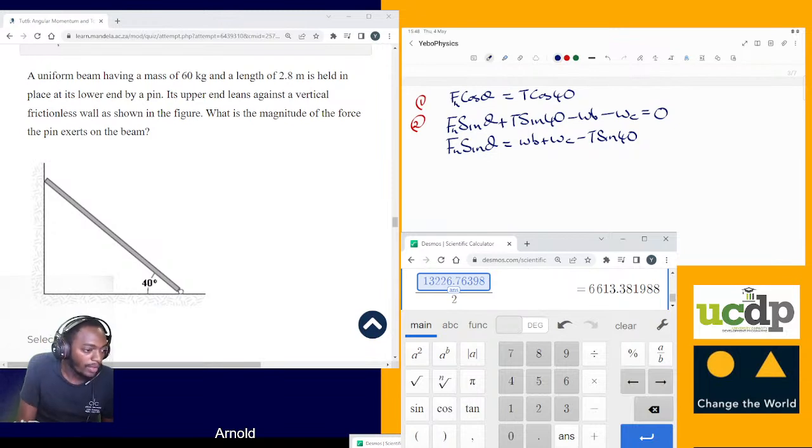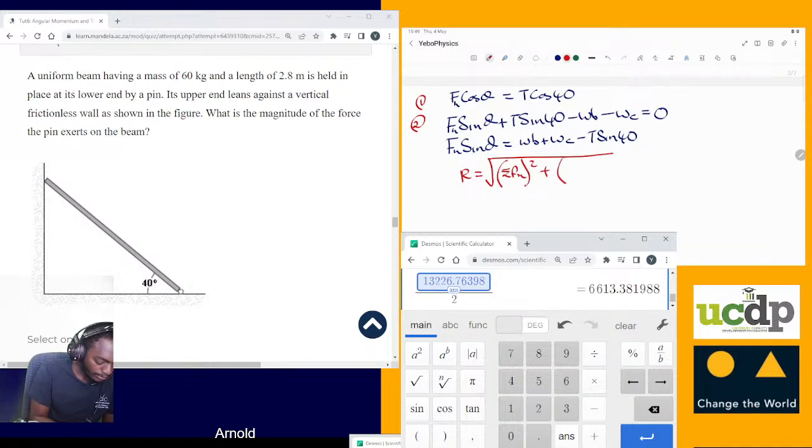And we know that when we are looking for a resultant, the resultant R is equal to the square root of the summation of forces in the x squared plus the summation of forces in the y all squared. So this is the situation that we have on the hinge.